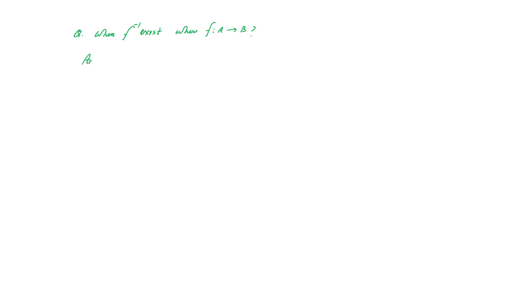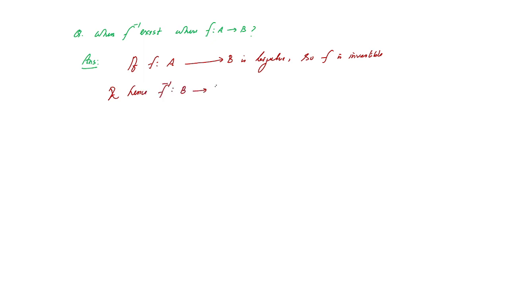Our simple answer is if f is a bijective mapping. If the map from A to B is bijective, we can say f is invertible, and hence f inverse, this will be B to A, will exist.